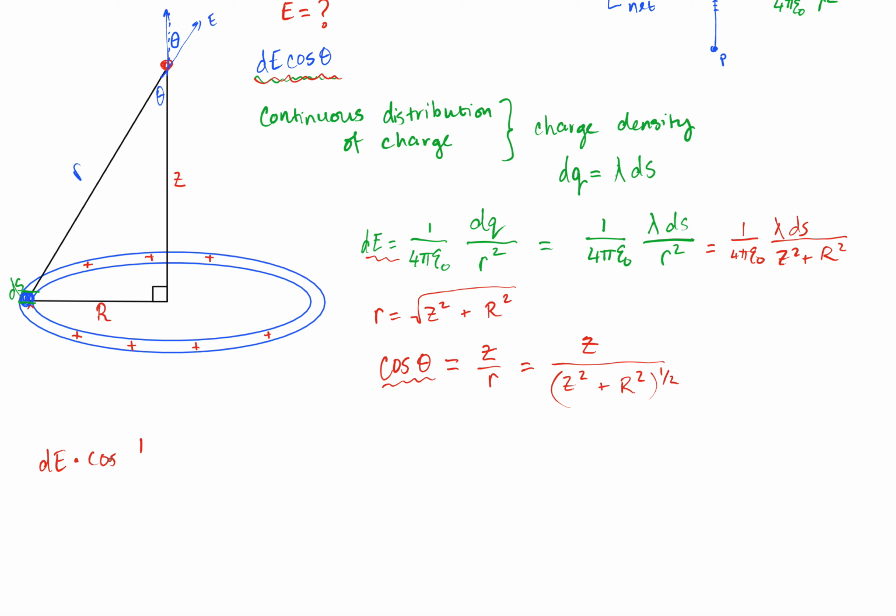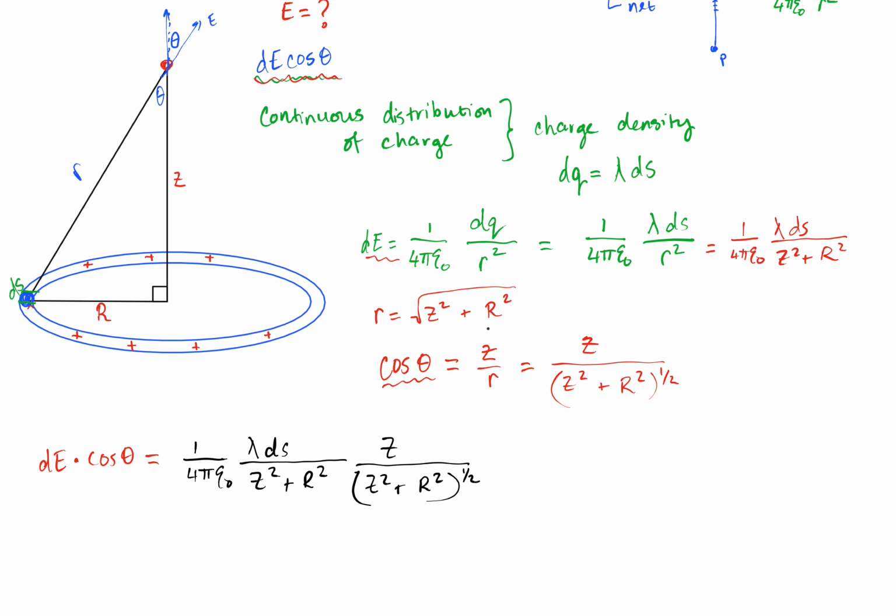Let's erase that and write this in. Okay, switch my color, and so I have 1 over 4 pi epsilon naught times lambda ds over z squared plus big R squared. Now I have to multiply it by z over z squared plus big R squared to the 1/2.